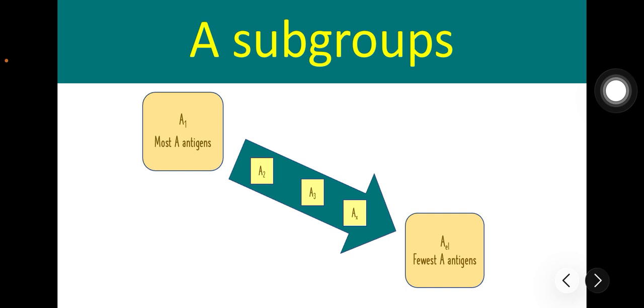And lastly, the fewest A antigens of the A subgroups is A subscript L. It is an extremely weak subgroup that shows even less reactivity than AX, with only about 10% of the cells showing tiny clumps.